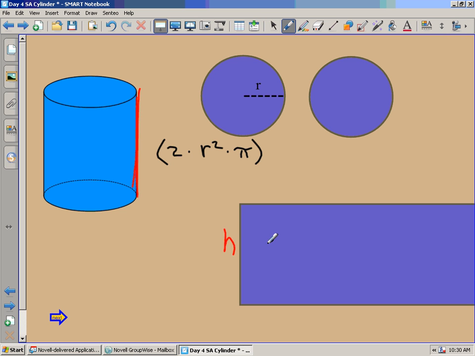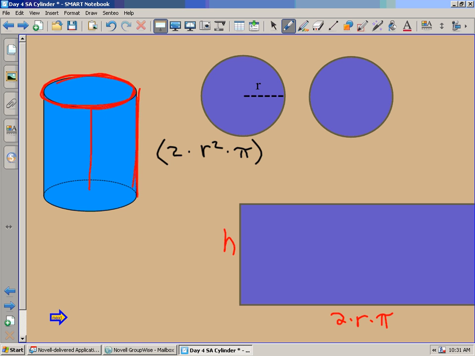If I wrapped it around this can, here's my starting point, it goes all the way around like this, which is nothing more than the circumference of that circle. So I need the circumference formula, which is 2 times radius times pi. So that's the dimensions of that rectangular piece: the height of the cylinder times the circumference of the cylinder.